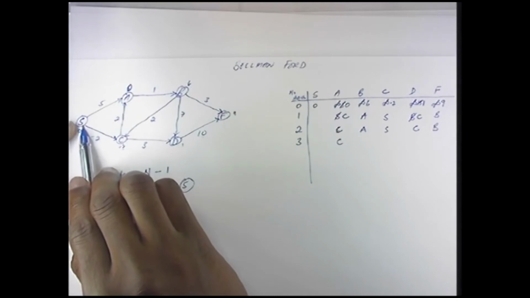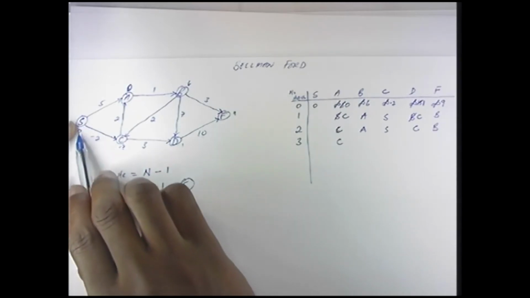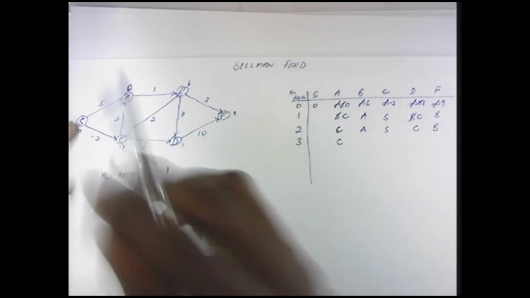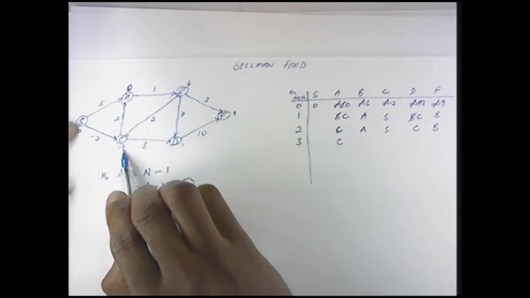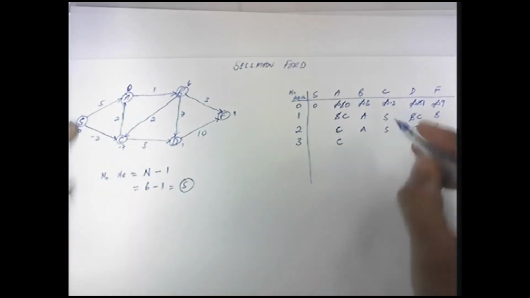This to C, we have 0 plus -2. That is -2. -2 compared to -2. We still maintain that.